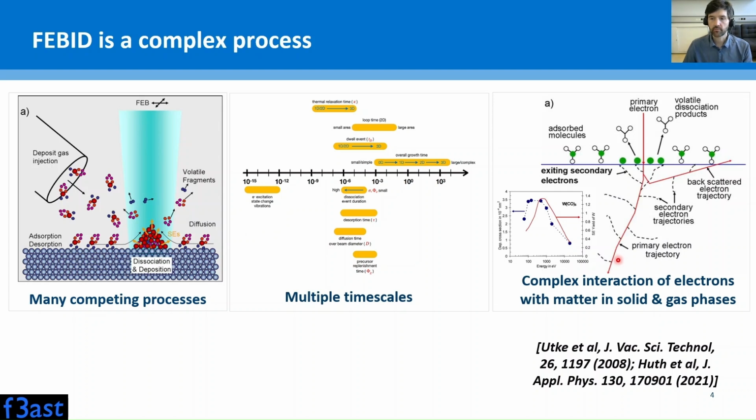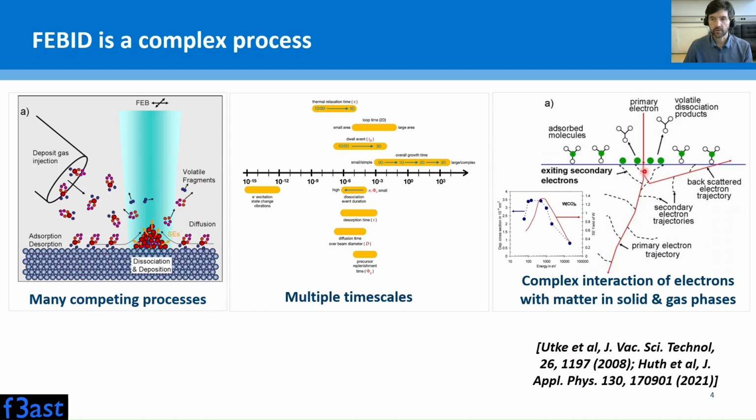It is also important to mention that the interaction of electrons with matter in a solid or gas phase is very complicated, and you can imagine how the primary electron, when it interacts with the substrate, will have a lot of scattering events, generating a series of particles.